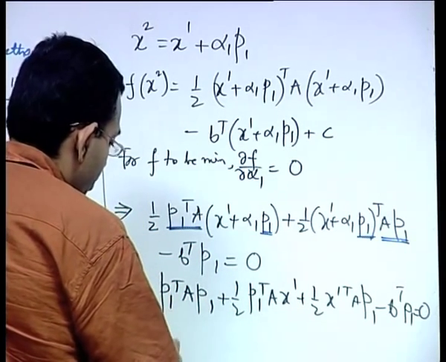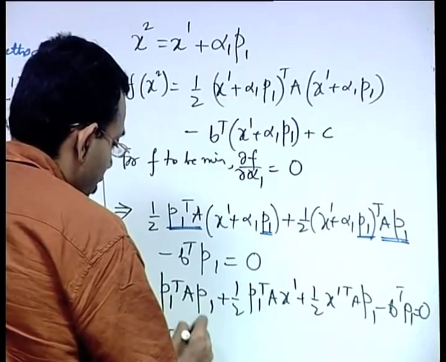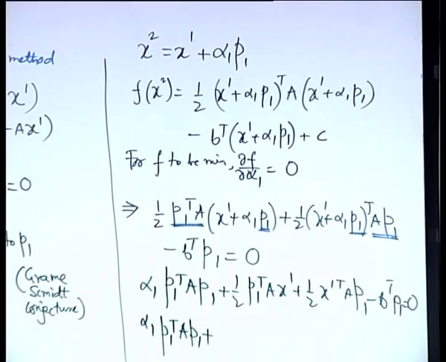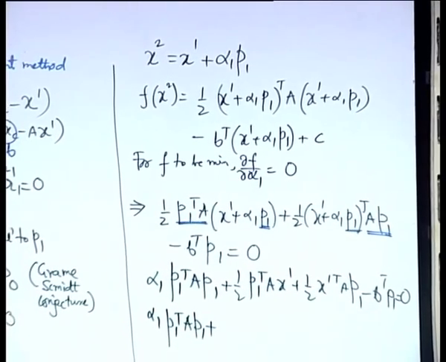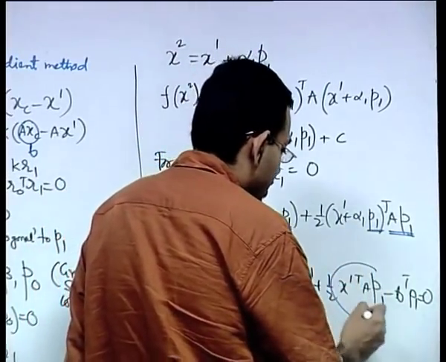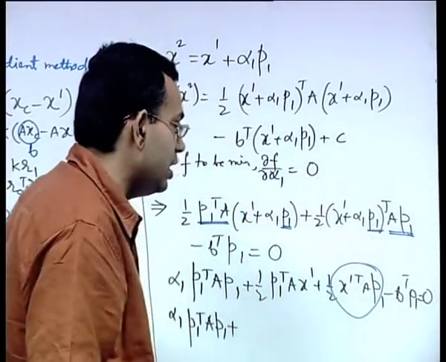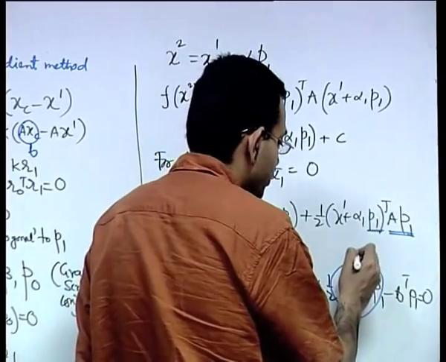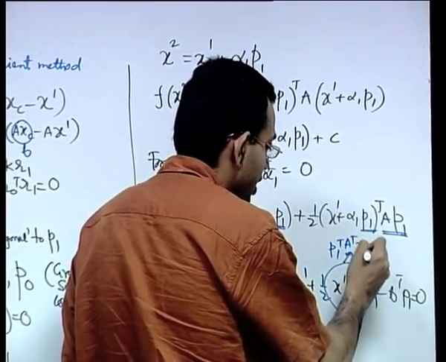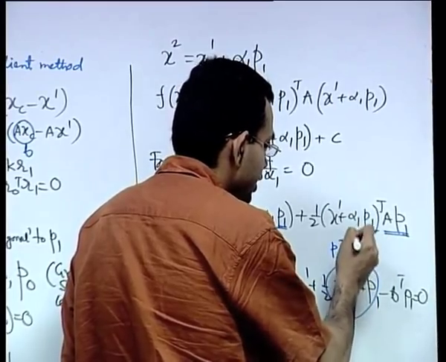Now you can reorganize this term as we did earlier, you can take a transpose of this. If you take a transpose of this, it will become P1 transpose A transpose X1, and A transpose is the same as A.